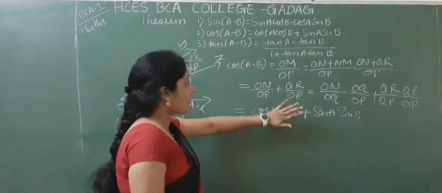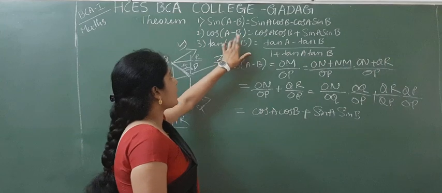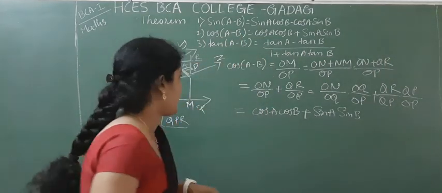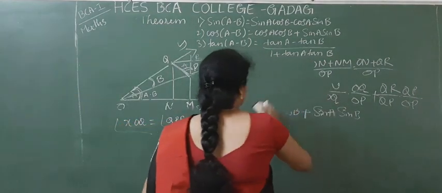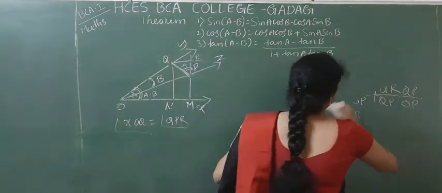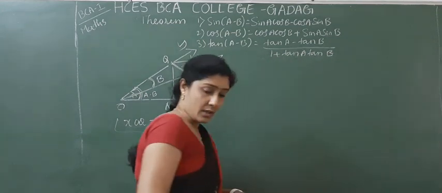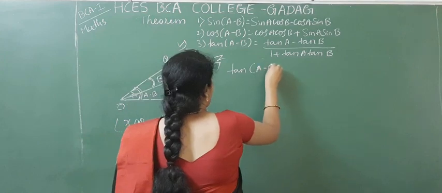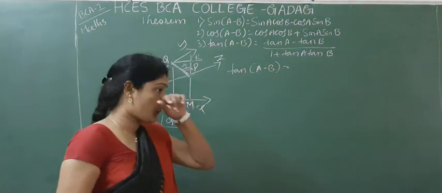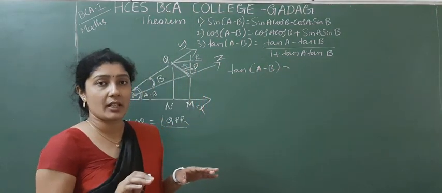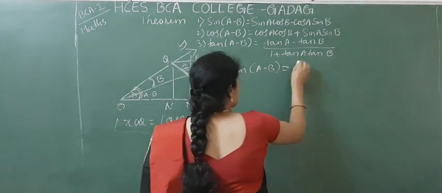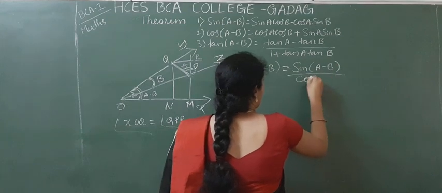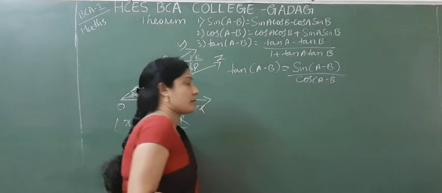Okay. So when we are done with both of these two, it is very easy to derive the expression for the third one, that is tan. So now tan A minus B. We know what is tan. Tan is nothing but sine divided by cos. Therefore, it is sin A minus B divided by cos A minus B. Okay.